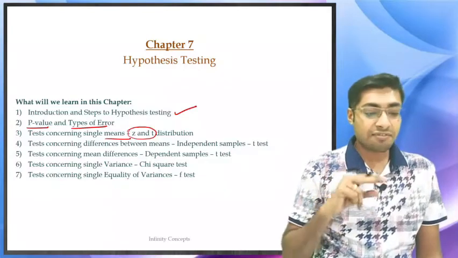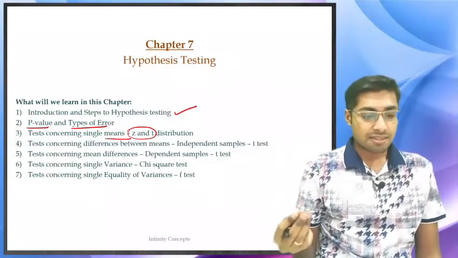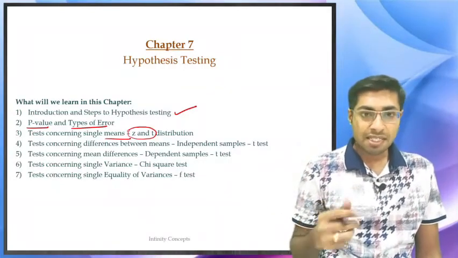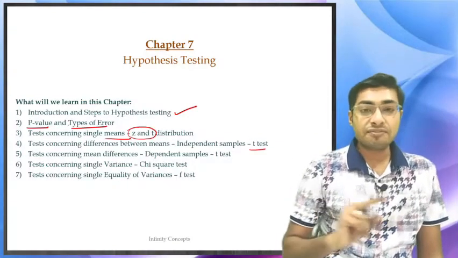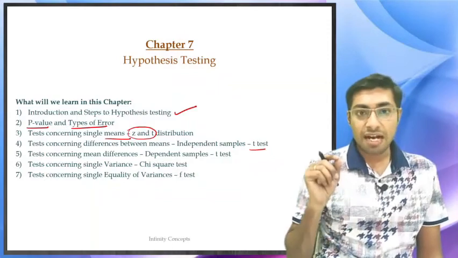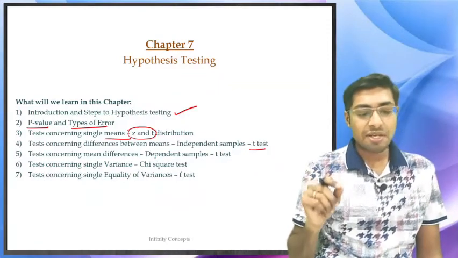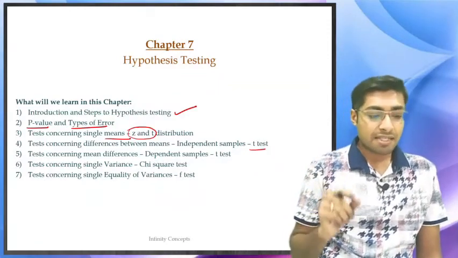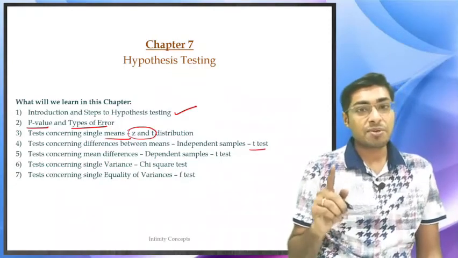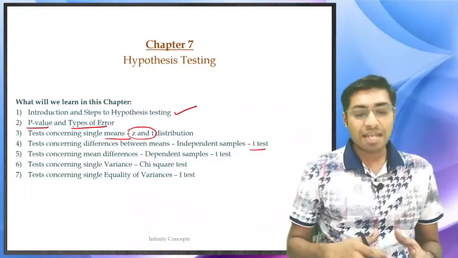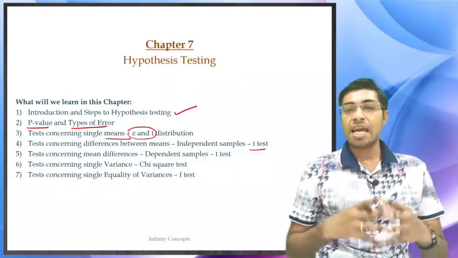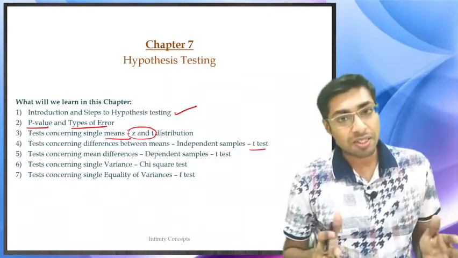Test concerning differences between means: if independent samples are there, then we will be using t-test. Test concerning mean differences: if they are dependent samples, then we will be using t-test. Test concerning single variance, we will be using chi-square test, and test concerning equality of variances, we will be using f-test. Now this is what we are going to learn.